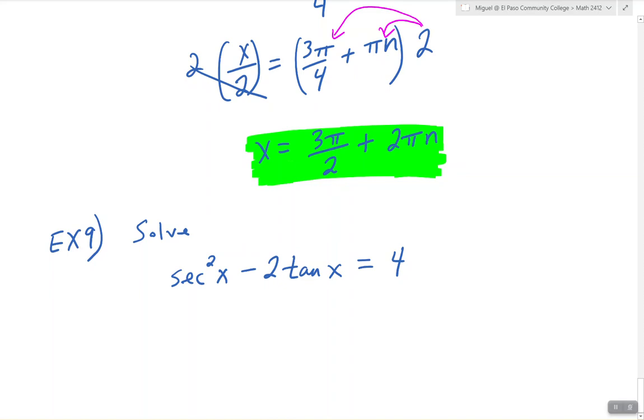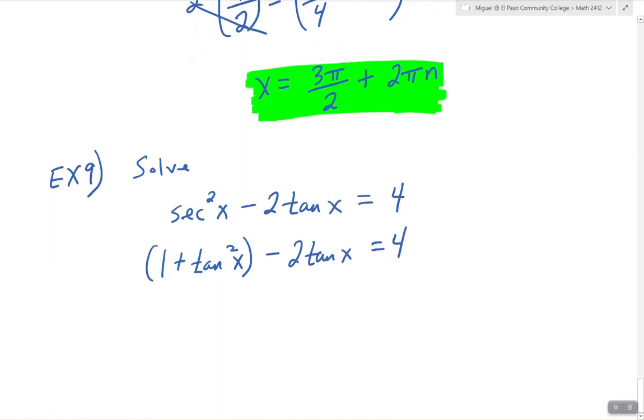So secant squared is equal to what? 1 plus tangent squared, good. Minus 2 tangent. So it looks like here I can just drop the parentheses, right? And then also I'll move the 4 over here.